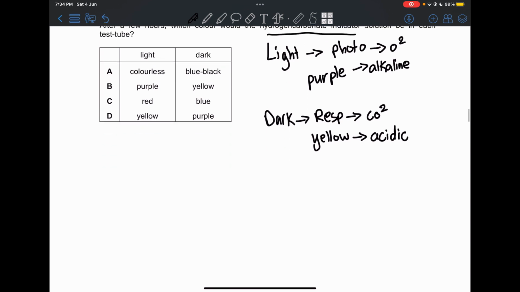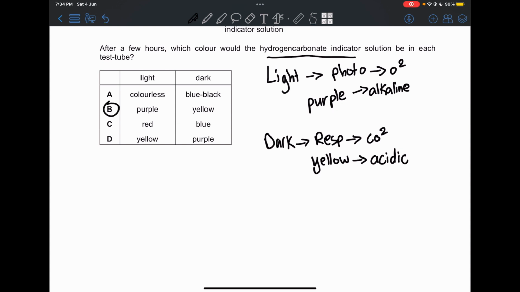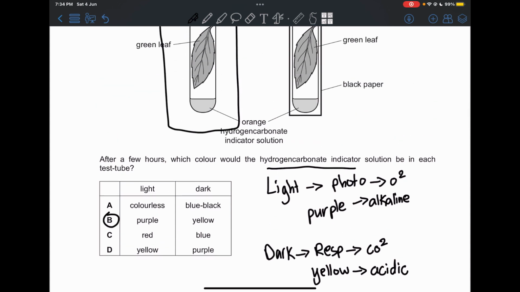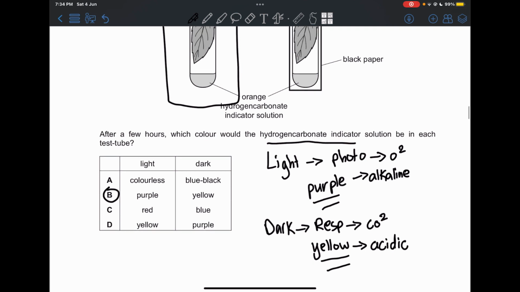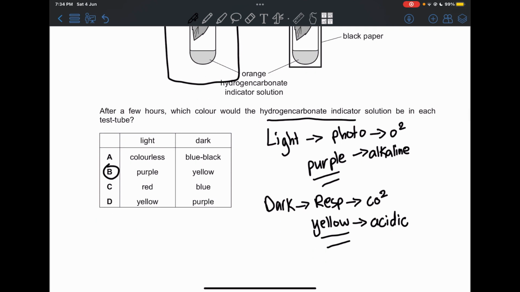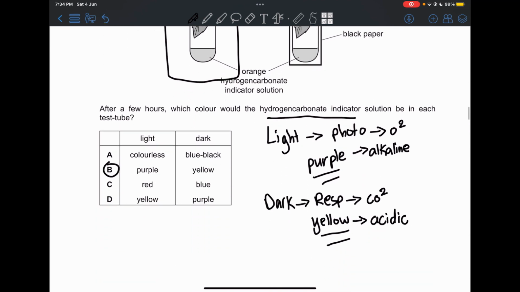So our answer will be B, because the light was purple, as I said over here, and the dark was yellow because as we know, it was respiring. So that is going to be our answer, 12B.